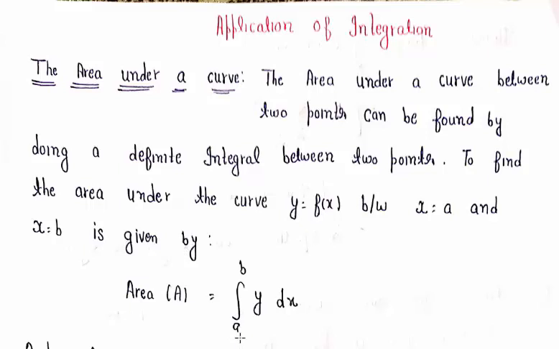So, the area is given by the integration from a to b of y dx. This is our first formula, where our curve is y equals f(x) and x varies from a to b.